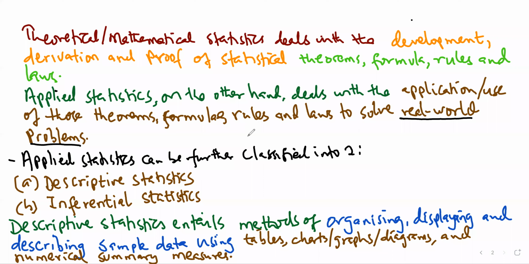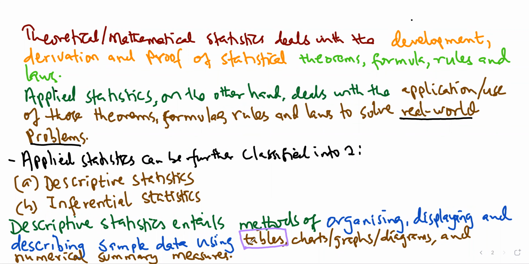So when you talk about descriptive statistics, we talk about obtaining both graphical and numerical summaries from sample data. The main tools that are used in descriptive statistics are tables. So you summarize sample data.